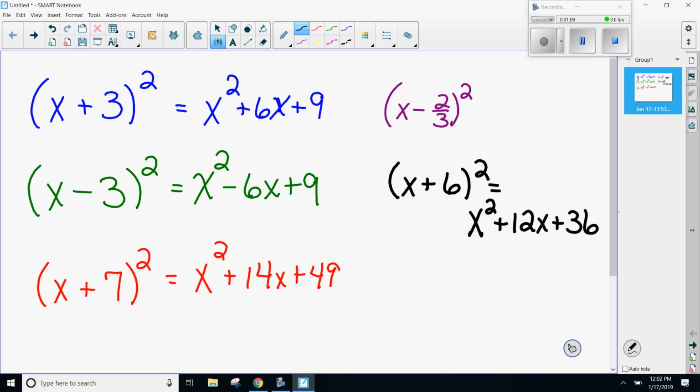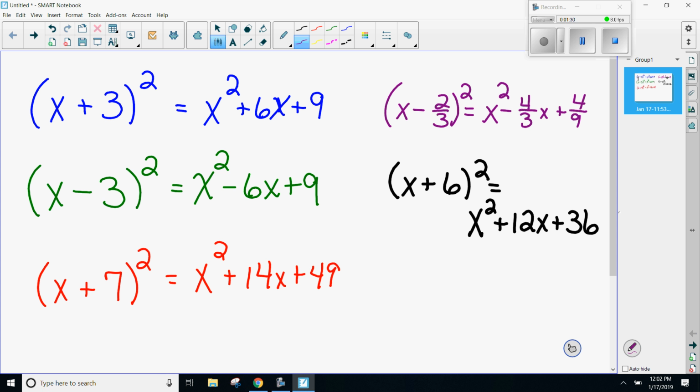X squared plus 12x plus 36. So let's go back to the purple one, and you should get x squared minus 4/3 x plus 4/9. Do you agree with that?